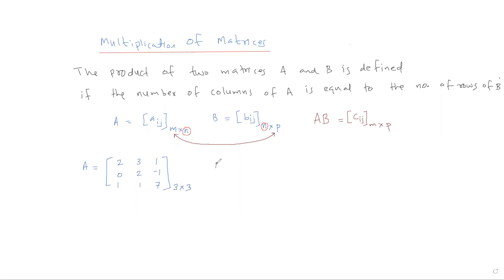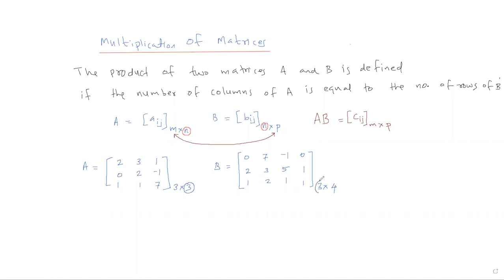Now B should have how many rows? 3 rows. Columns can be any number, no issue. Okay, B: 0, 7, minus 1, 2, 3, 5, 1, 2, 1. Okay, I will add one more column: 0, 1, 1. So 3 rows and 4 columns.